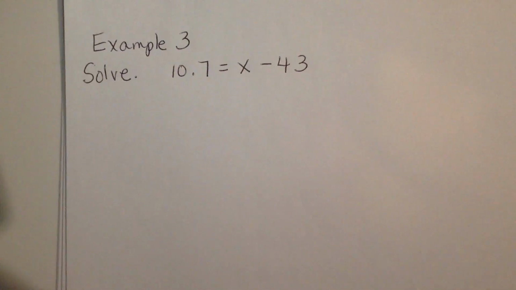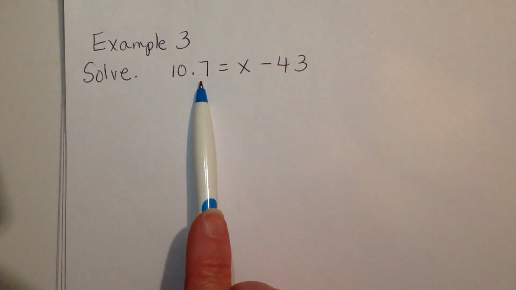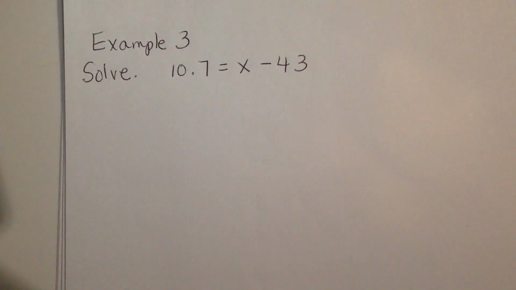I could work this problem by keeping the decimal, but there's an example in your homework that shows you to eliminate the decimals by multiplying each term through by 10 so that you can eliminate this decimal.